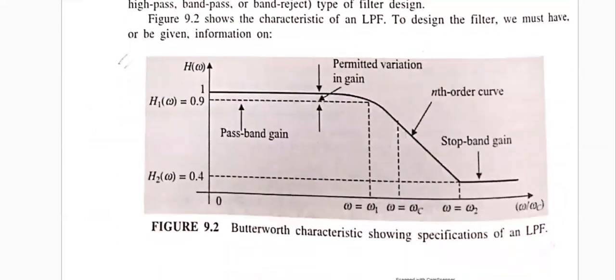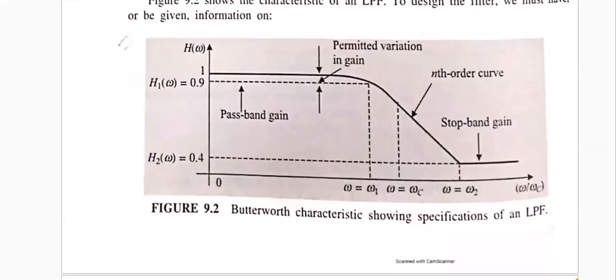What are the key parameters we need to know to design the Butterworth filter? We need the passband gain, which can be represented as H1, which is given as 0.9. In normal value, it can be given as the decibel value. First of all, the normalized value is 0.9.